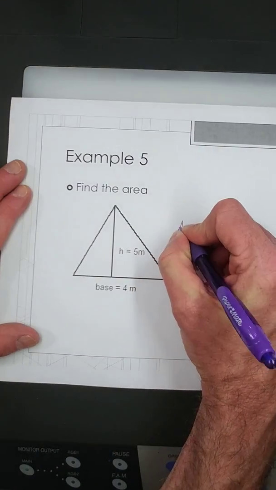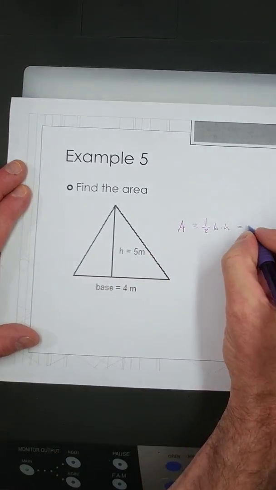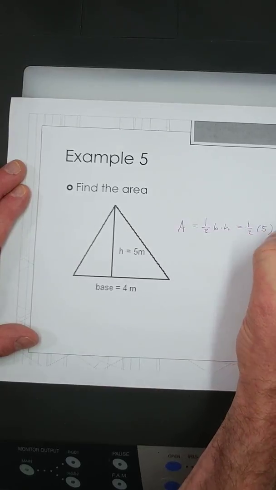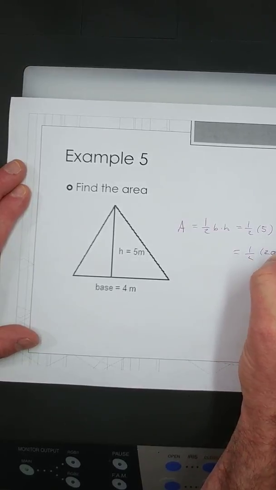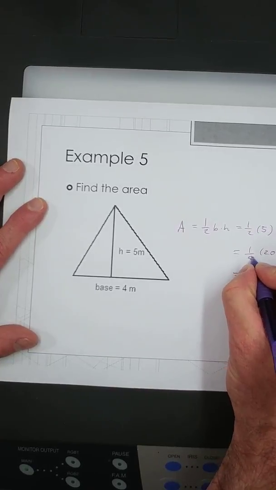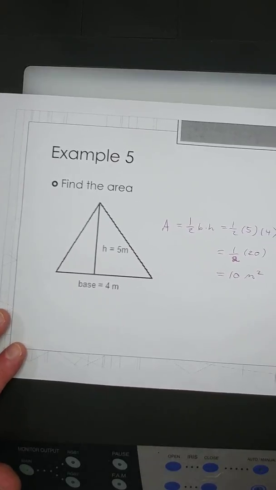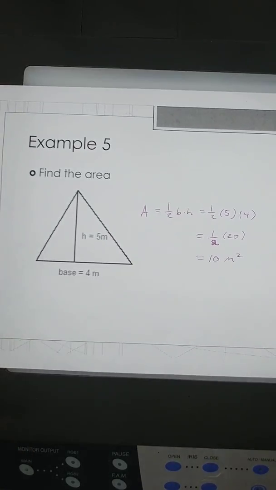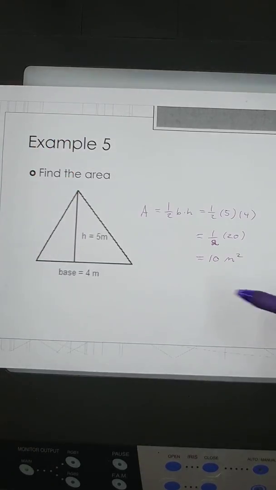Well, the area of that would be half the base times the height, because it is a triangle, which would be 1/2 times 5 times 4. 5 times 4 is 20, and times half, you're going to get 10 square meters as the area of the triangle. So a triangle of height 5 and base 4 would have an area of 10, by plugging in 1/2 times 5 times 4.